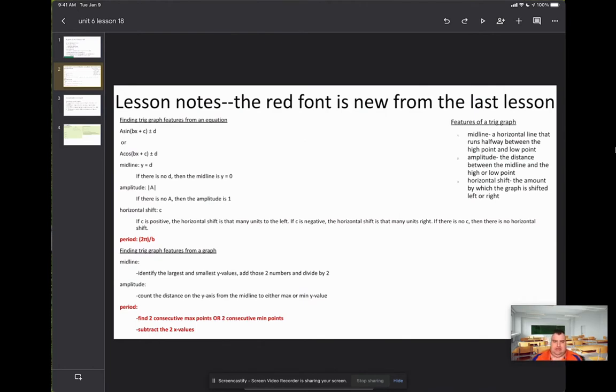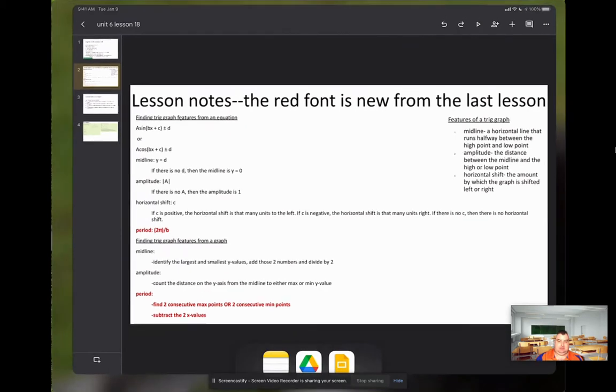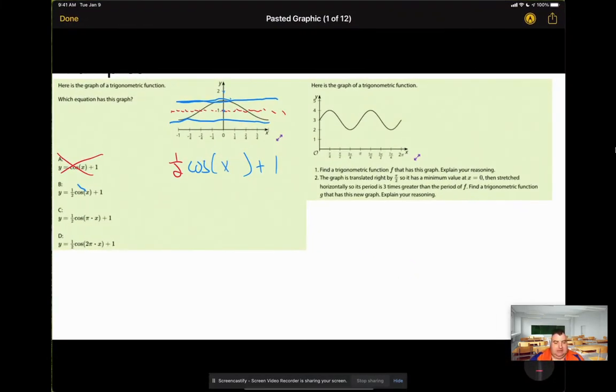The period is how long it takes to complete a full cycle. To find the period, like it says here, find 2 consecutive max points or 2 consecutive min points and subtract the 2 x values.